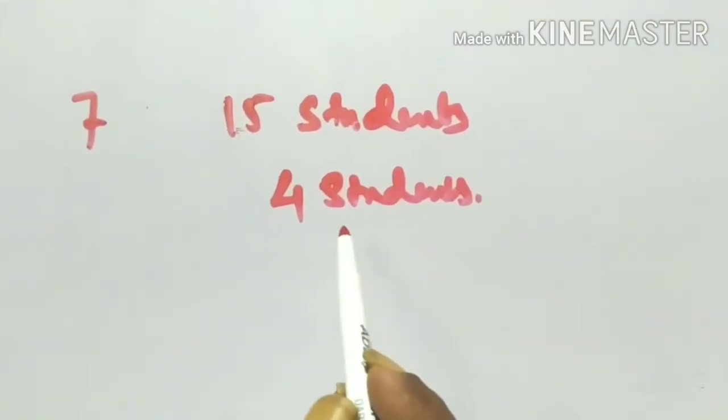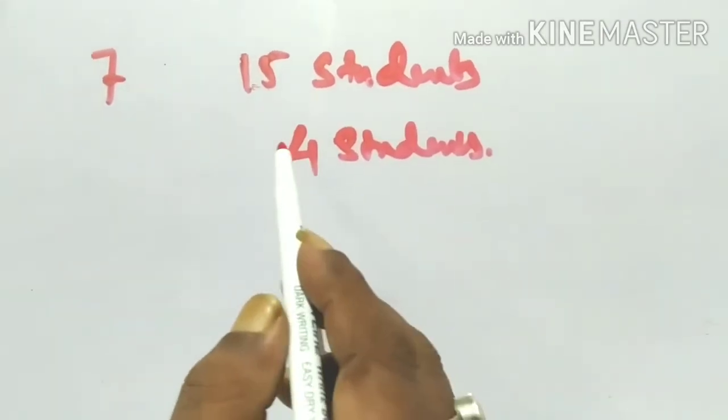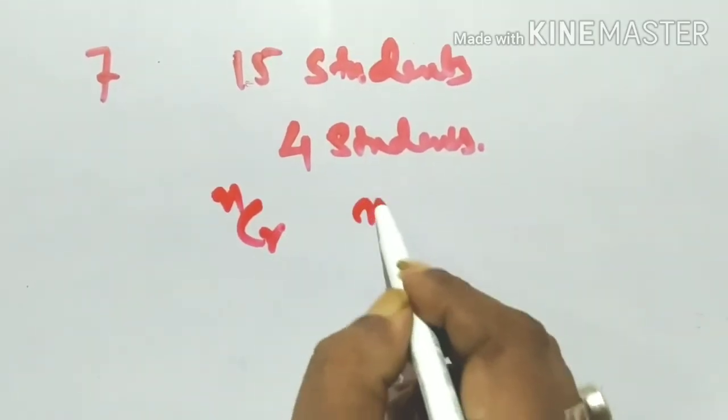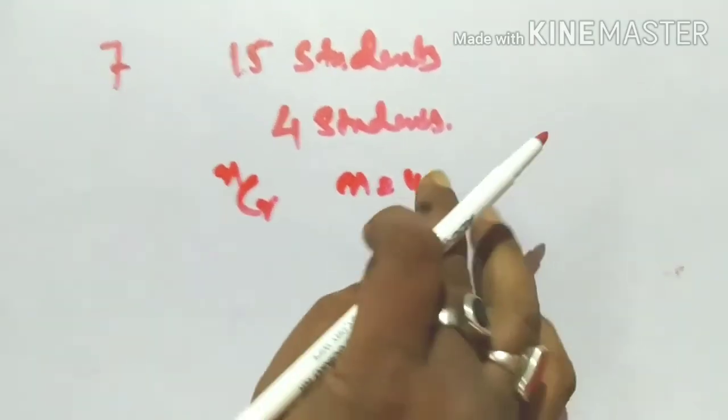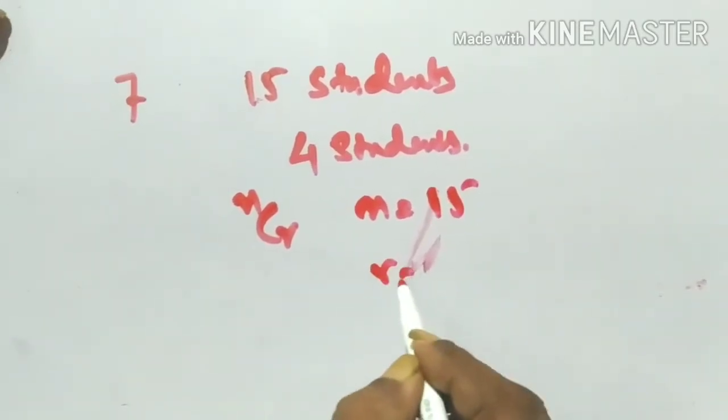In order to solve this problem, I have to take the help of the combination formula, that is nCr. Here n is equal to 15, and r is equal to 4.